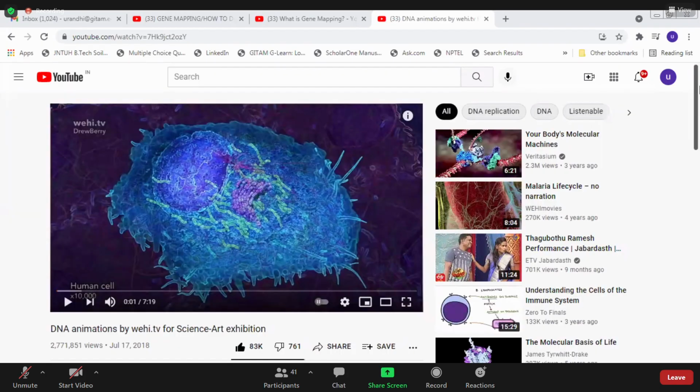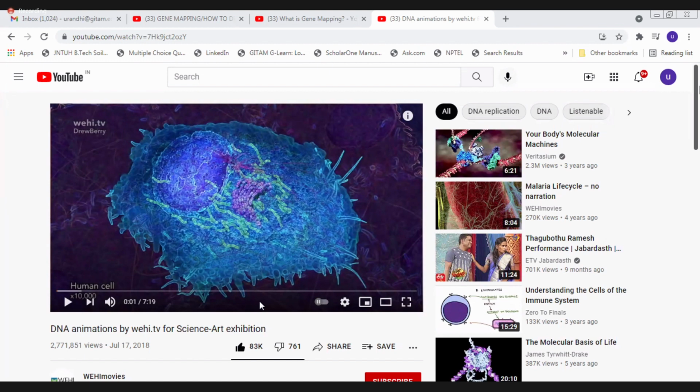So this is the human cell in our body. Our living cells are present in this shape. The nucleus, mitochondria, and Golgi, all these organelles we can observe.